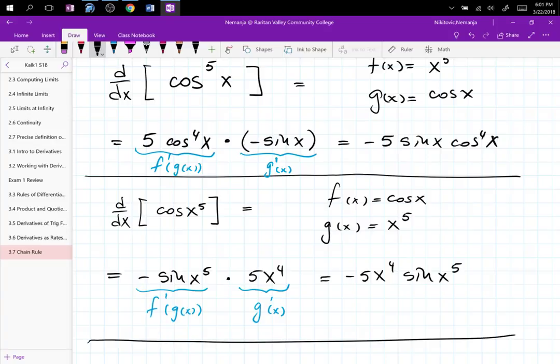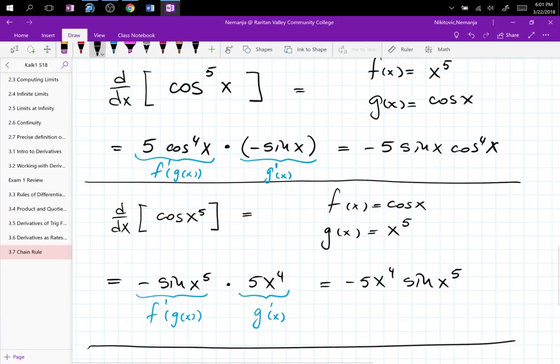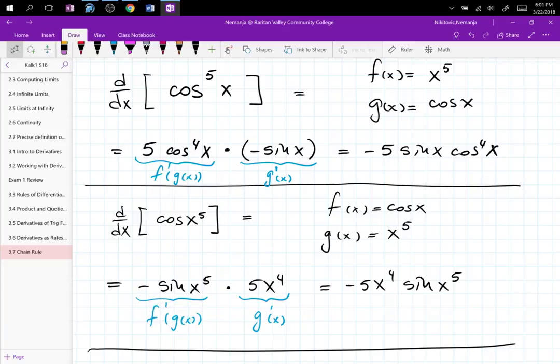So please study these two examples in particular, because the same rule with the 5 on the exponent goes for sine, cosine, tangent, ln as well. You really need to study these as two examples that complement each other.